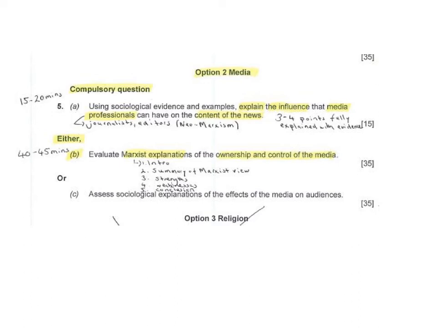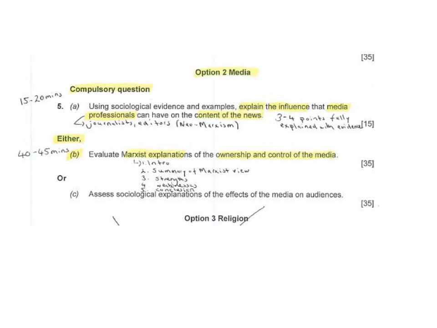Once again, for the 15-mark question, I'd be thinking that for depth and range, I need to make 3 to 4 relevant points, fully explained, with reference to evidence and examples, as stated in the question. And we can see that in this question, I've got to explain at least 3 ways in which media professionals can influence the content of the news.